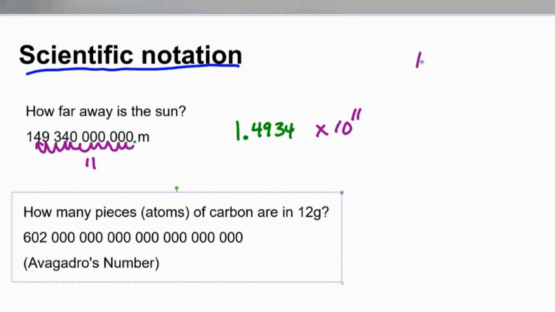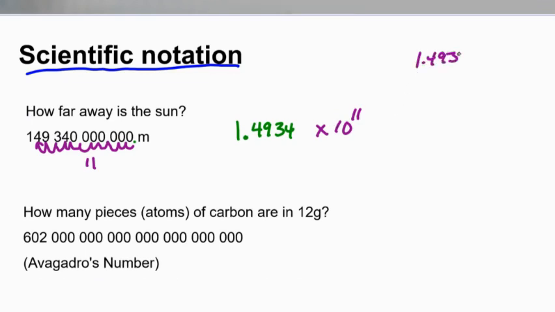Let's think about this for a second. 1.4934 times 10 equals 14.934. And if I multiplied it by 10 again, I would get 149.34. Every time I multiply by 10, it moves that decimal place one place further to the right.